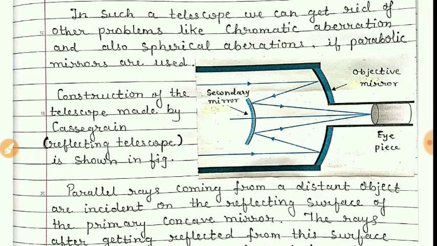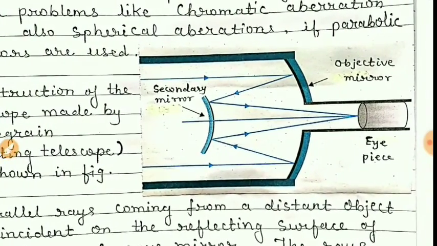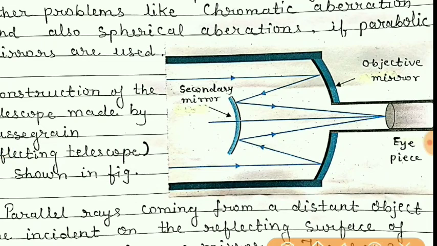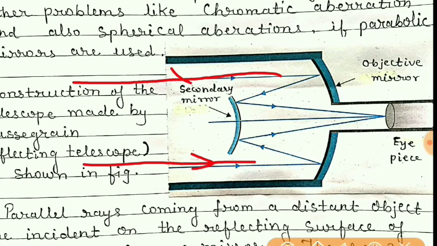Now here the construction of a reflecting telescope is shown. You can see the light coming from the far away object. They are generally parallel. They are first reflected from this mirror, and this is a concave mirror.